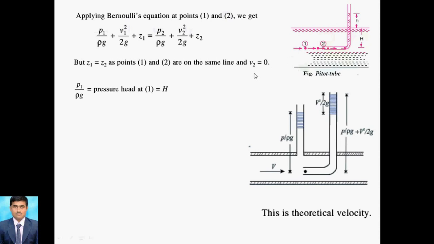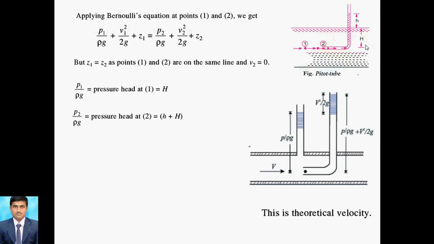After putting this value, P1 by rho g is equal to H. Suppose point number 1 is at the initial level, at that time the height is P1 by rho g. But when it reaches point number 2, it is converted into the maximum height, that is P1 by rho g plus V1 square by 2g.